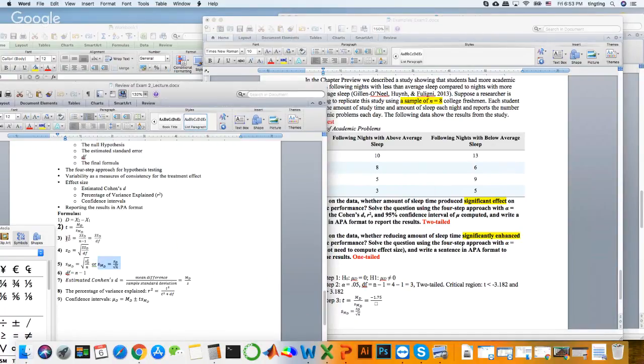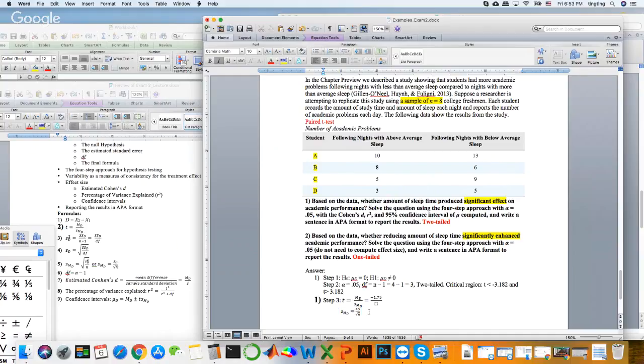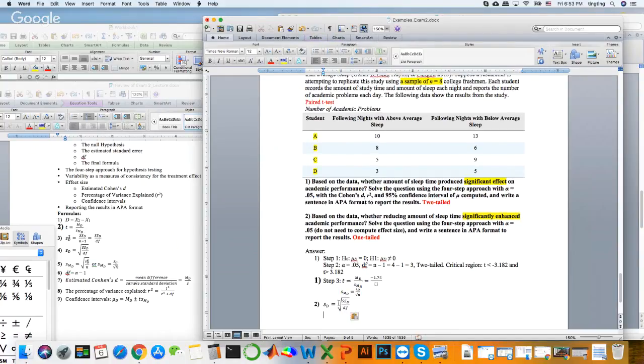So to compute the SD, we need to compute the SS D. Okay.